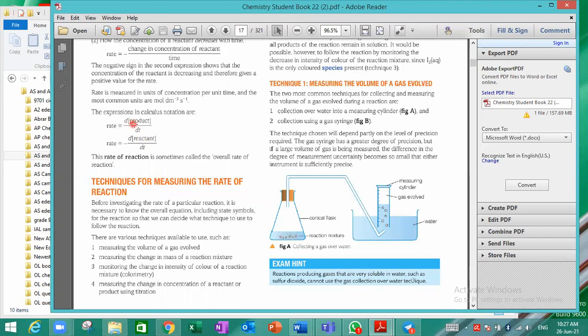Either we follow what happens to the concentration of the product, or we follow what happens to the concentration of the reactant. So as I told you, to follow these two values, either the product or the reactant, we have to look at our reaction and see which one of them we are going to be able to measure.